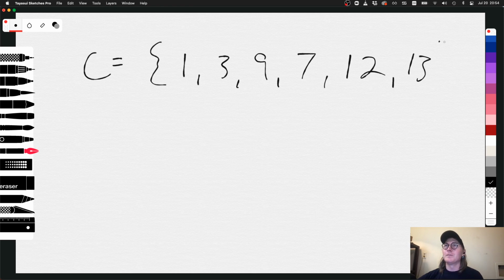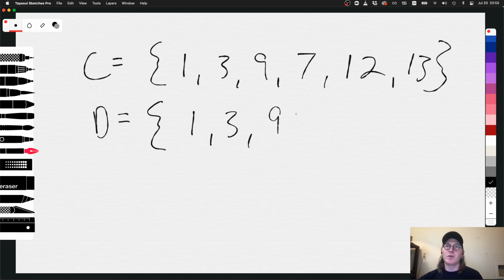These don't have to be in this order. They could be in any order. And we have a subset of C, which is going to be D, and this has elements 1, 3, and 9.